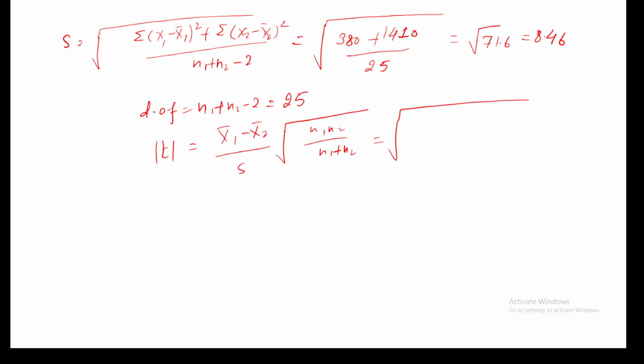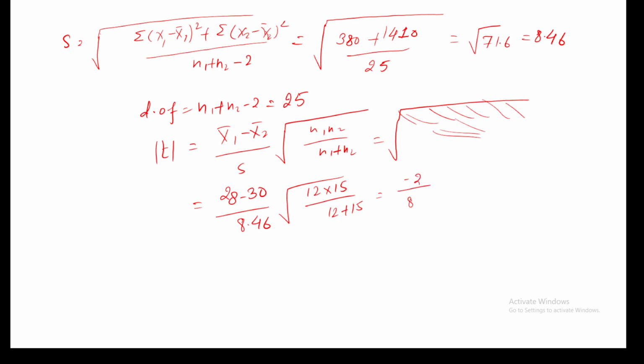First one is the, we take 28 minus 30, 8.46, 12 into 15 by 12 plus 15 minus 2, 8.46, 15, 12, 180.